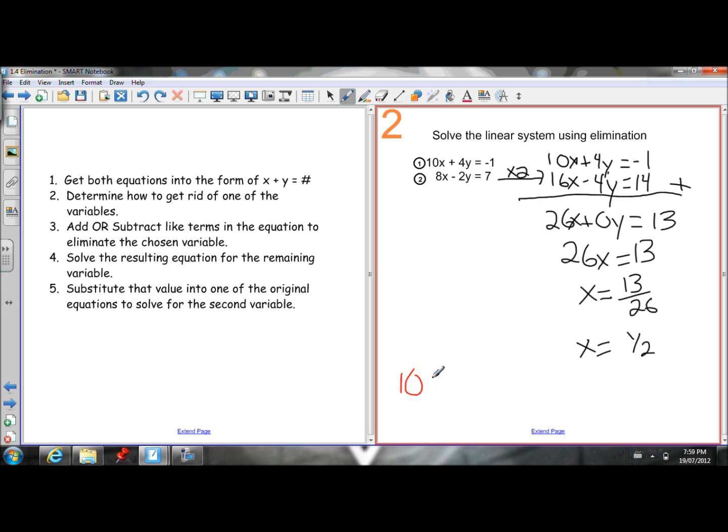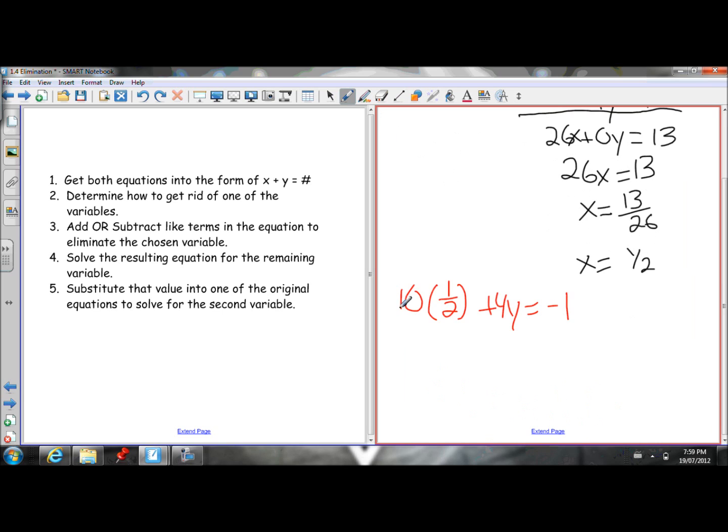So plug in a half for x: 10 times a half, leave the rest the same, plus 4y equals -1. 10 times a half is 5. If you forget how to multiply fractions, any whole number is over 1, just multiply the numerators and the denominators. 10 times 1 is 10, 1 times 2 is 2, 10 divided by 2 is 5. Plus 4y equals -1.